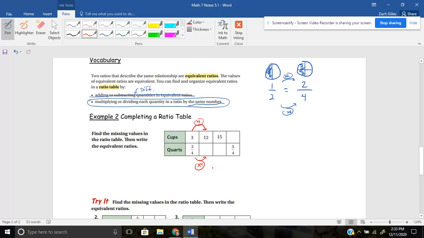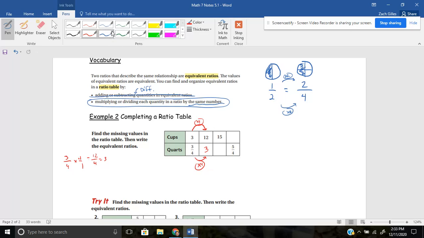Okay, so 3/4 times 4. If you can't do that mentally, write it out. 3/4 times 4 over 1. 3 times 4 is 12, over 4 times 1 is 4, and 12 divided by 4 is 3. Okay, so 3 to 3/4 is equivalent to 12 to 3.